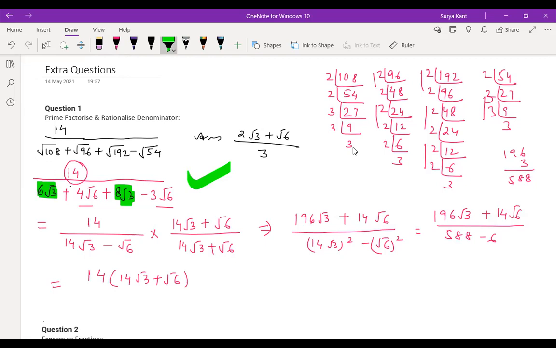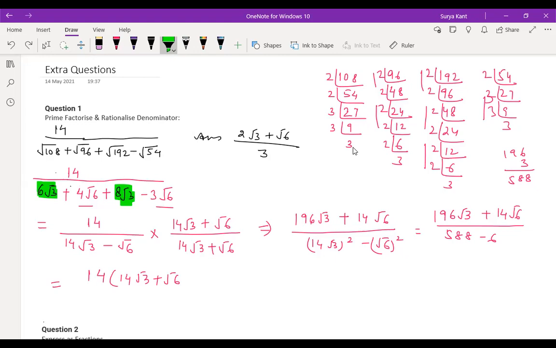The second step, 196 root 3 plus 14 root 6 and 14 root 3 whole square. Is there any possible way of cutting these down? No. If subtraction is there, you can't cancel across. You can't cancel only.